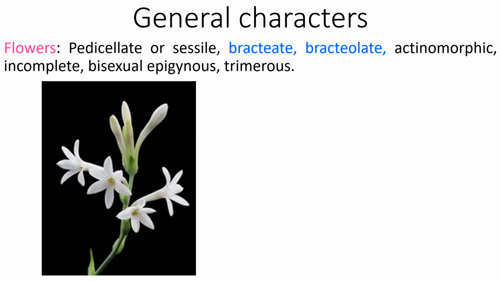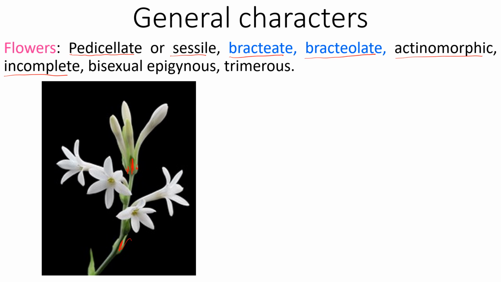Flowers are pedicellate or sessile. They are always bracteate and bracteolate. Here you can see the bract, and inside that small bracteoles are also there. They are always actinomorphic but incomplete because calyx and corolla are not distinguished.